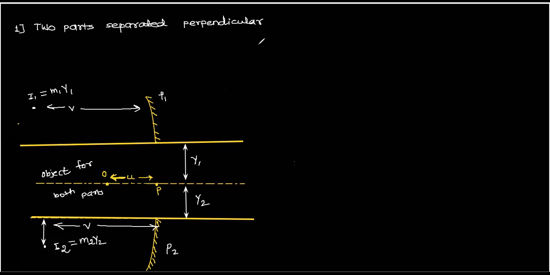So for image, measured from the principal axis, magnification M is equal to minus V by U, which is equal to I1 by object.